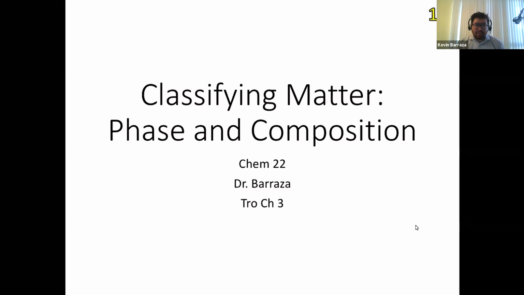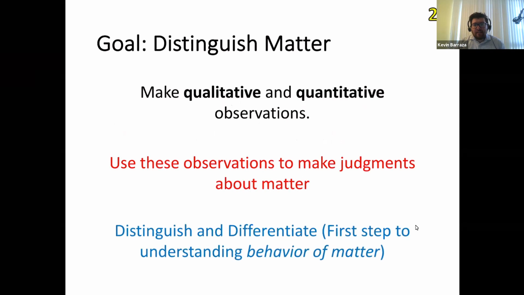We'll definitely return to numbers, but now we want to be able to just as clearly describe matter's qualities. The reason being is that we want to distinguish matter through our qualitative and quantitative observations and use these observations to make judgments about matter.